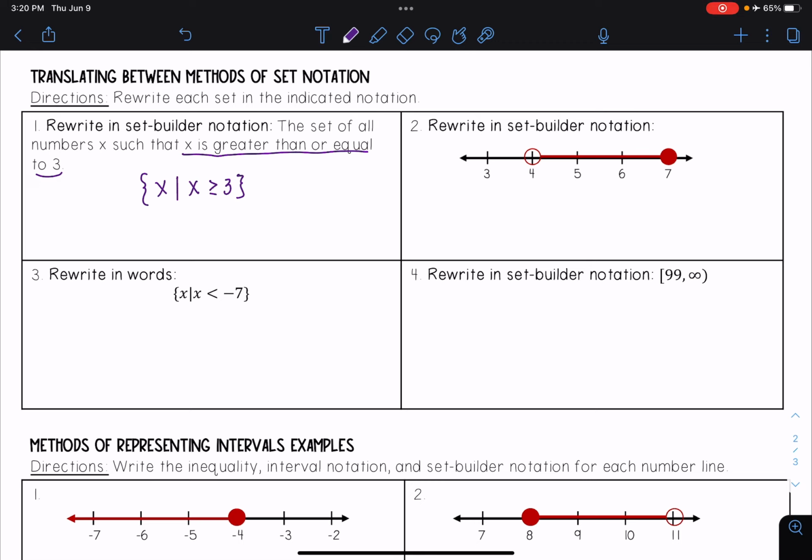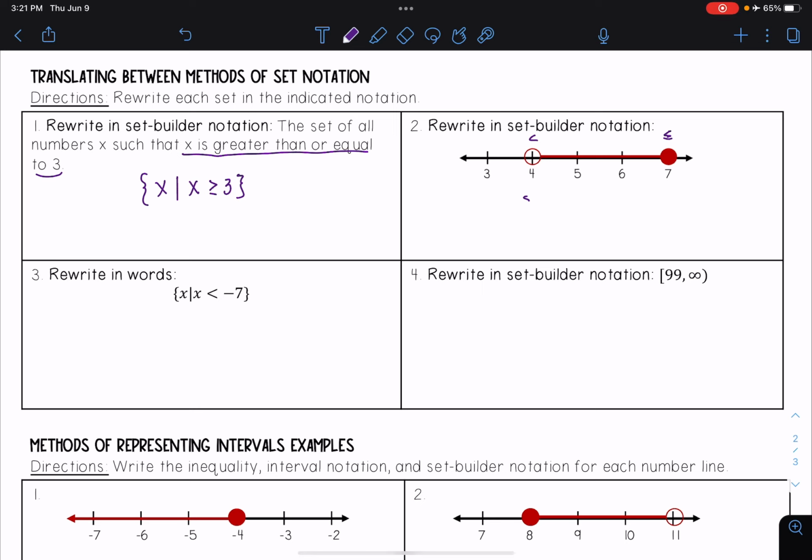Looking at this next one, I'm going to rewrite this in set builder notation as well. Here I have an interval between 4 and 7. I notice that 4 is not included and 7 is. So when I'm looking at this in terms of inequalities, this open circle is going to be an inequality without a line underneath, where the 7 includes it.